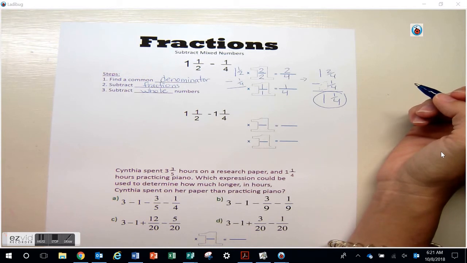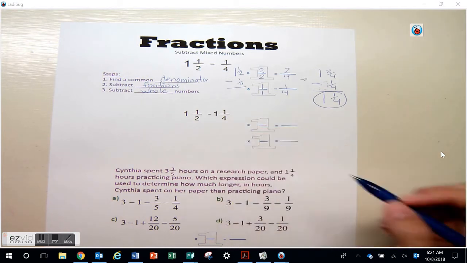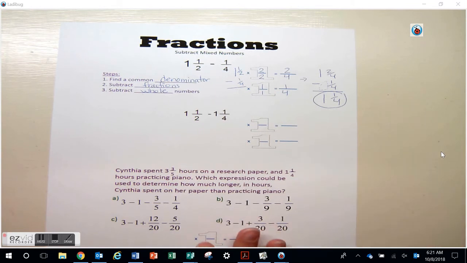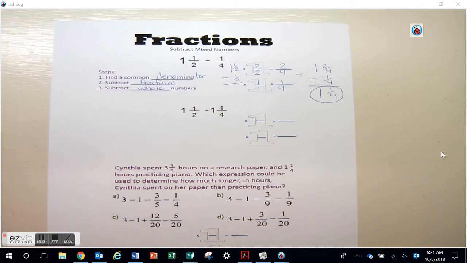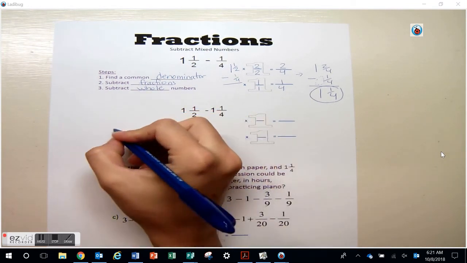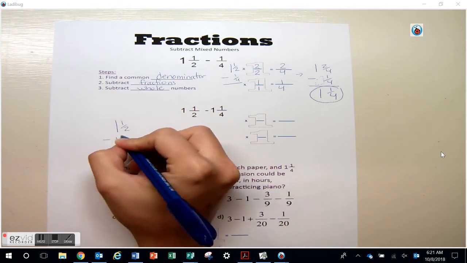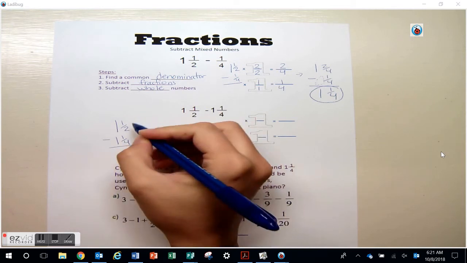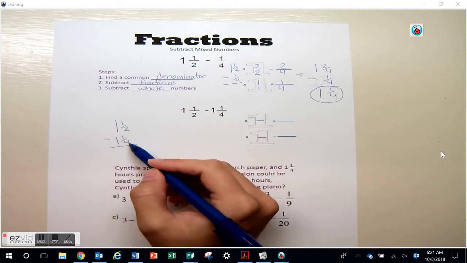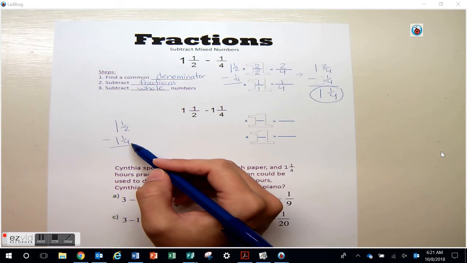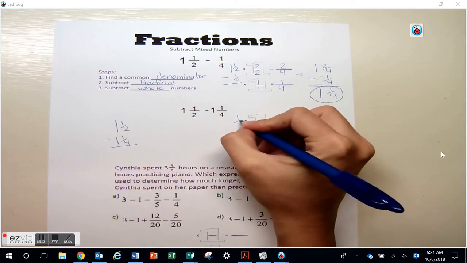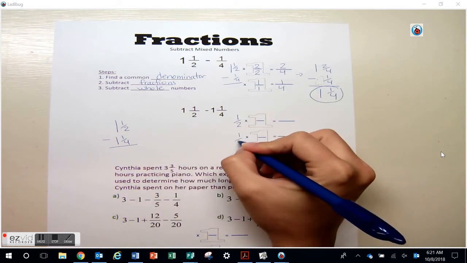Let's go ahead and do this problem. Let's see. So we have 1 1/2 minus 1 1/4. So 1/2 and 1/4 I cannot do because they have different denominators. So I'm going to come over here to the 1/2, 1/4, create a common denominator.